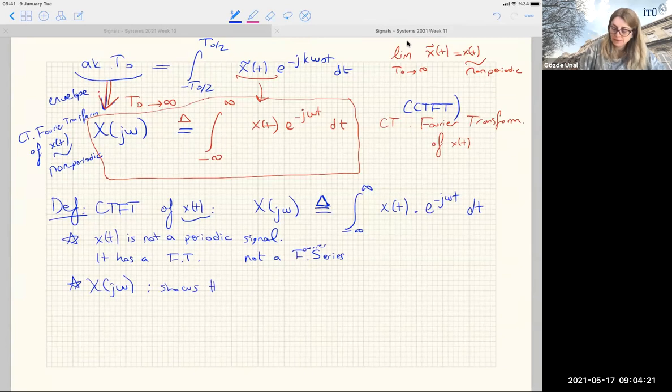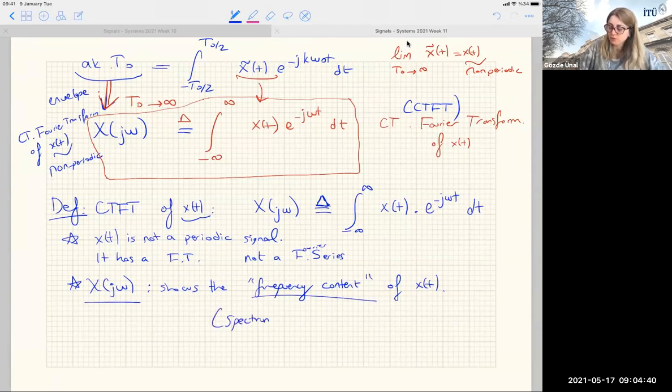This is really what we've been doing since the first week. Now our Fourier transform shows the frequency content, and this is what we've been calling the spectrum representation of a signal.